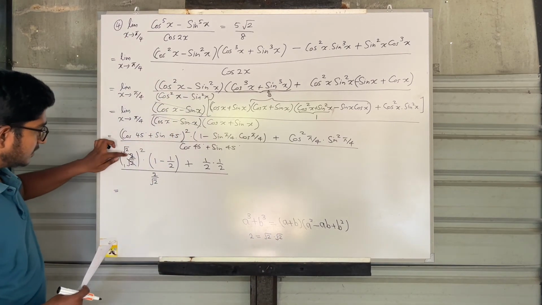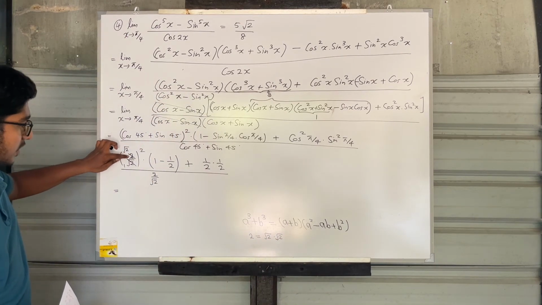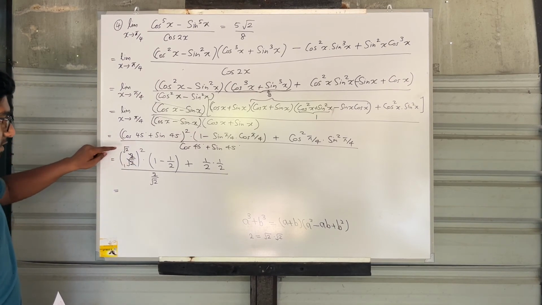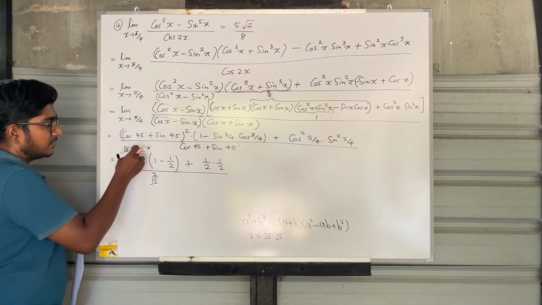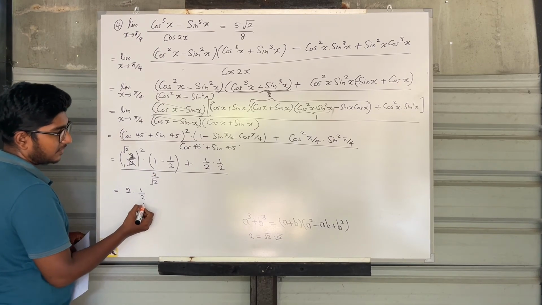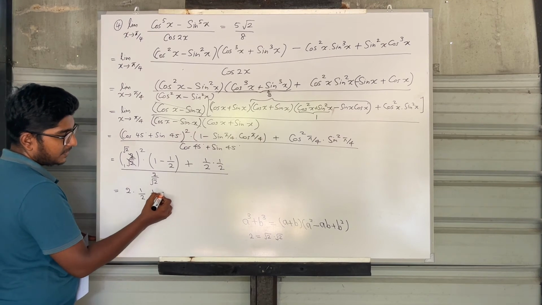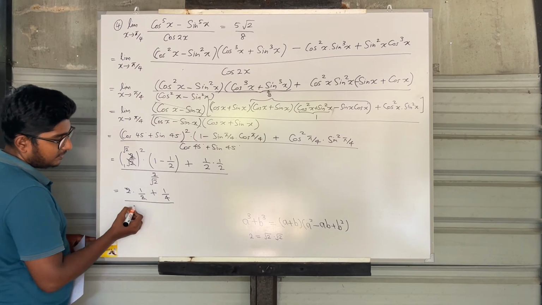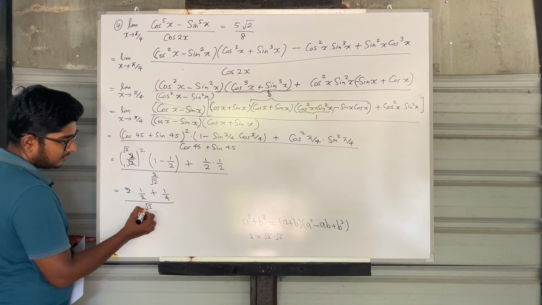So I have written the numerator 2 as square root 2 into square root 2. One square root 2 gets cancelled, one square root 2 remains. When we square, we get 2. Simplify this, that is half. Here 1 over 4. Denominator is square root 2.